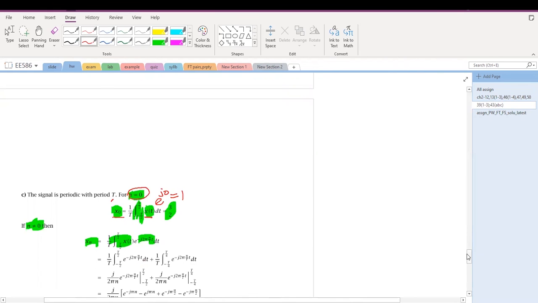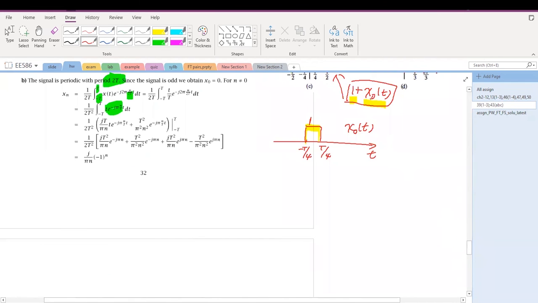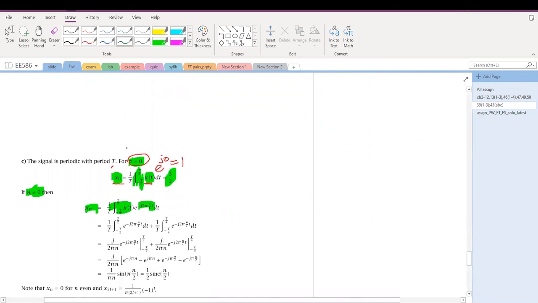Now that equals 1 plus x naught of t, which is equal to 1 in this range from minus quarter T to quarter T. This integral becomes 1. So here is 1 multiplied by this complex exponential. This is the rectangle from minus quarter T to quarter T. Value is also 1. So next, it just evaluates the integral here.